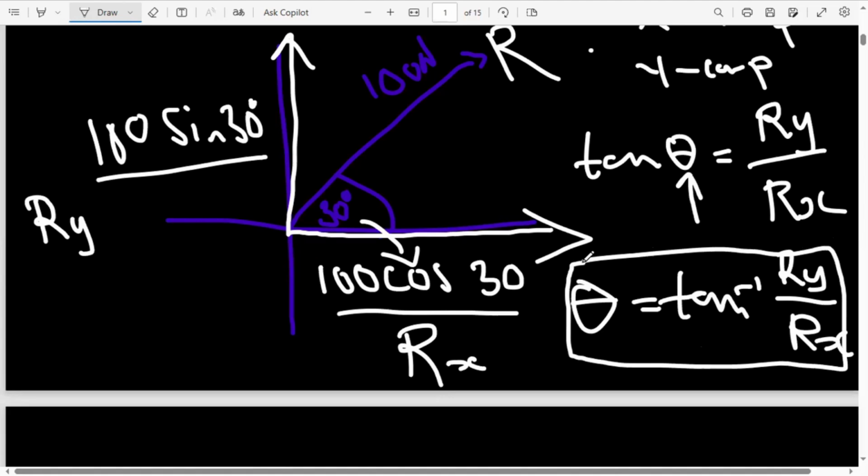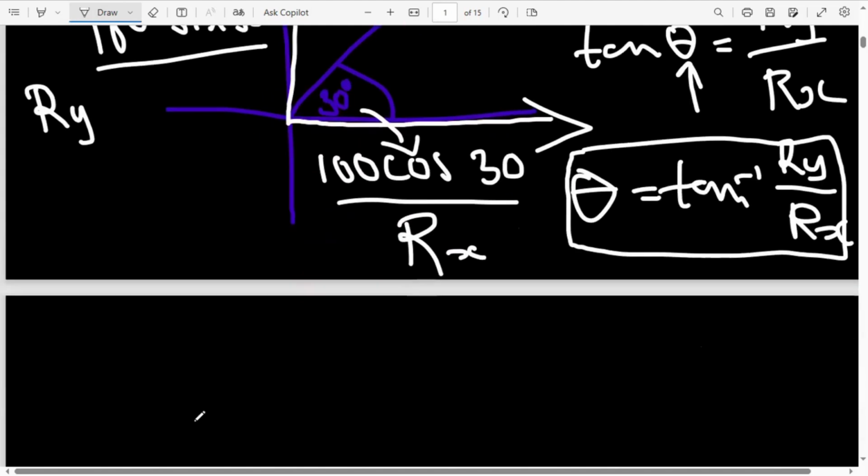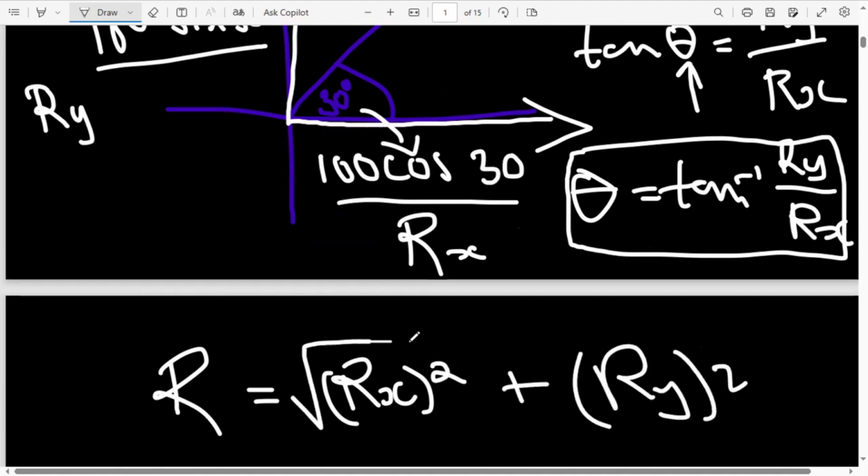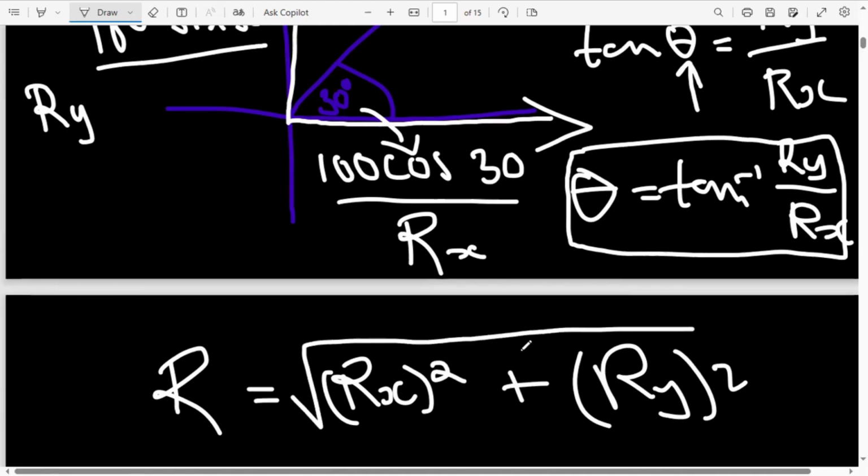Let's say you have not been given this resultant R. You've just been given this component and this component. How can you get back this R? You use this formula: R, the resultant, equals the square root of the x component squared plus the y component squared.